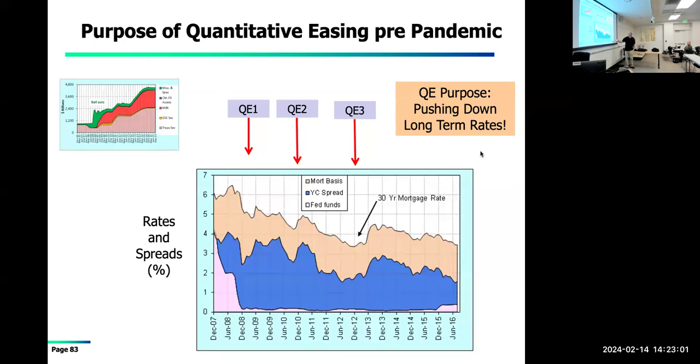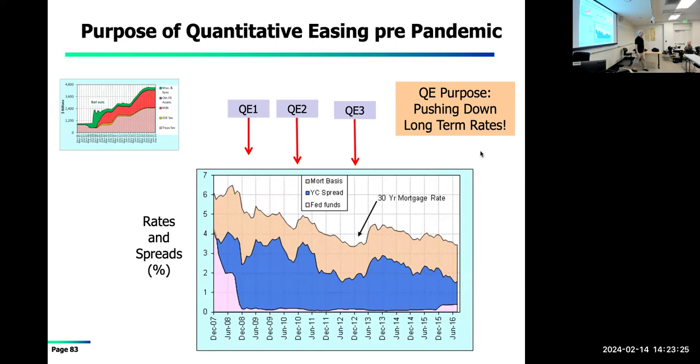This is the whole idea of quantitative easing, and why they did it was, they're looking at this data. This is the Fed funds rate. This is what's called the yield curve spread, the short-term versus the long-term rate. And this is the spread between the long-term rate and mortgage rates.